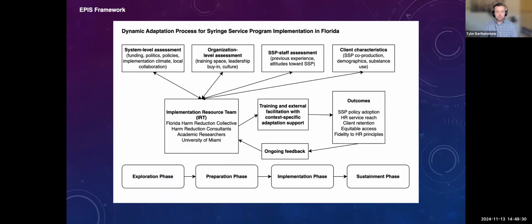So we've actually used this dynamic adaptation process at the county level when it comes to SSP implementation. We know every single county in the state is going to have different contextual issues and barriers when it comes to SSP implementation.